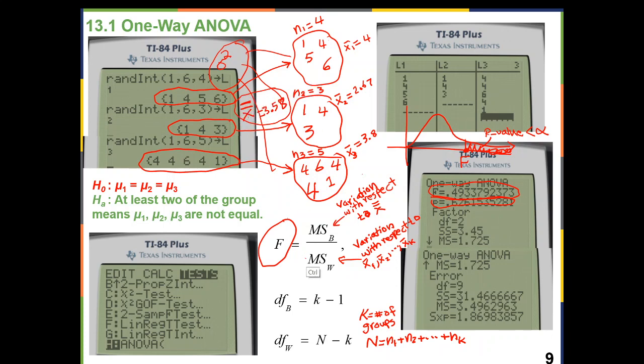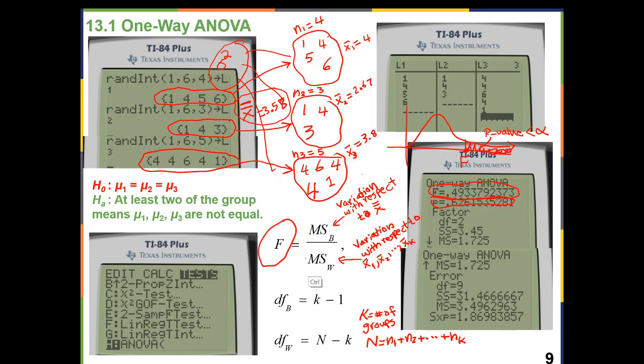So degrees of freedom for the numerator would be k minus 1. K is the number of groups we have. In this case it would be 3 minus 1.